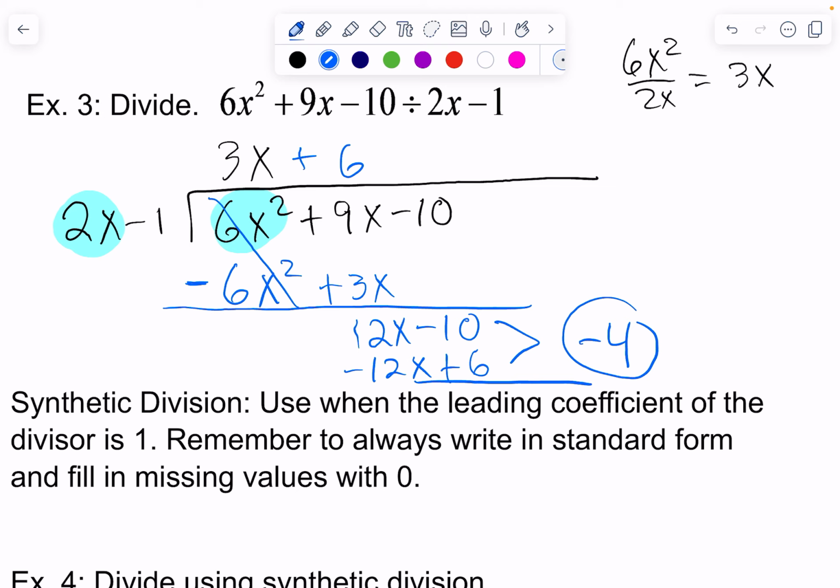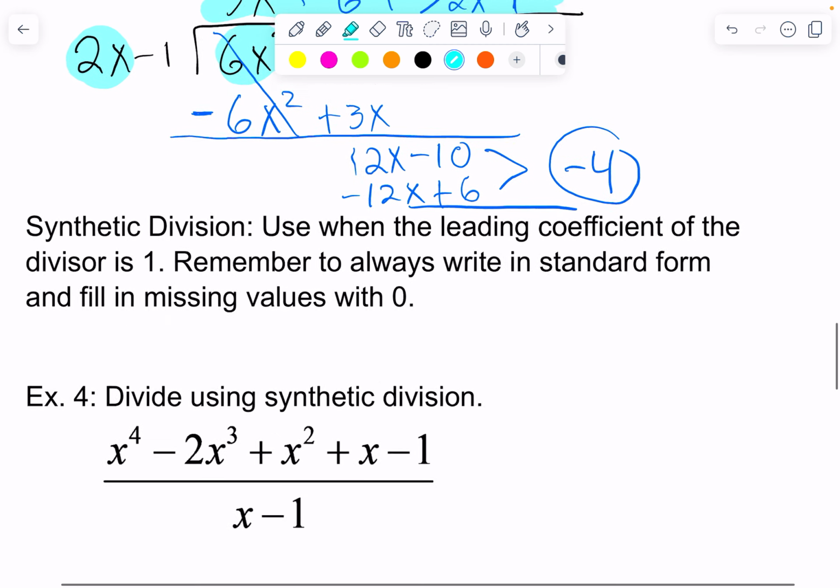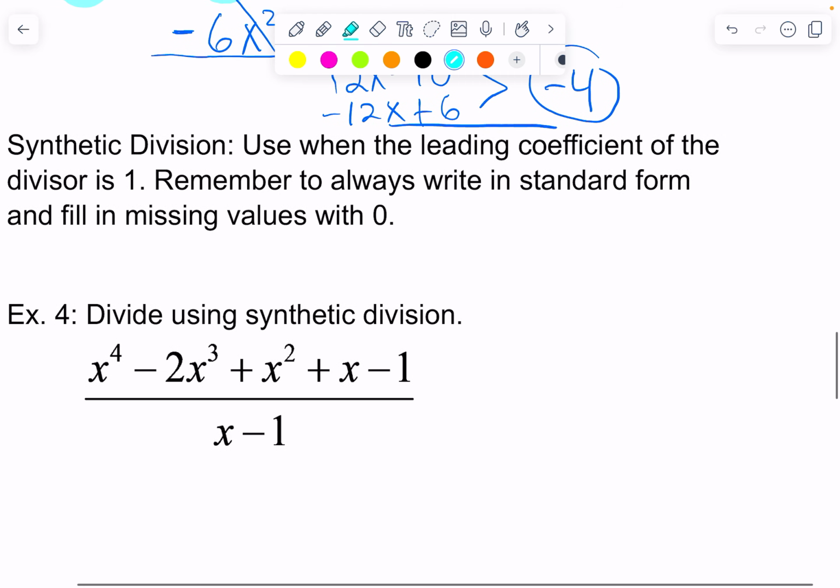So I write that remainder as plus negative 4, which is my remainder, over my original denominator of 2x minus 1. I promise you that with practice, this becomes extremely simple. Now, one last little pro tip. You can always divide the long way, I promise.